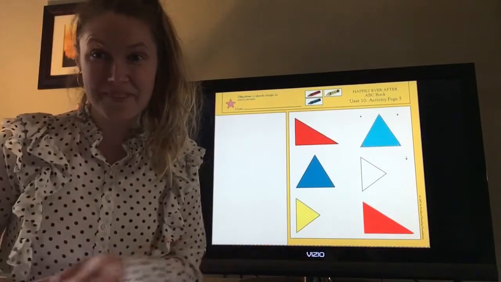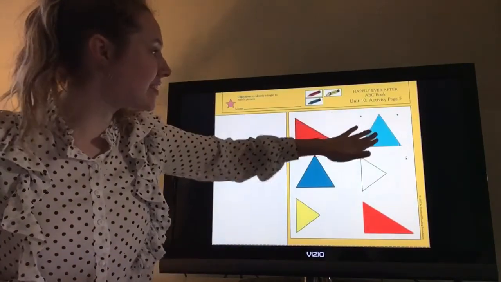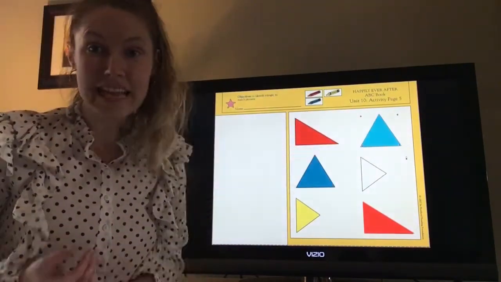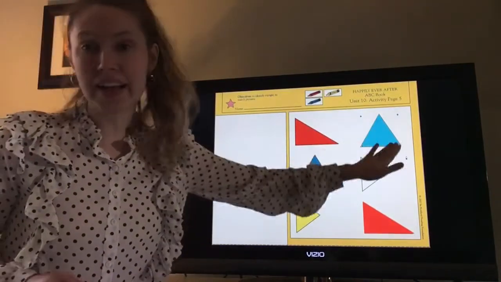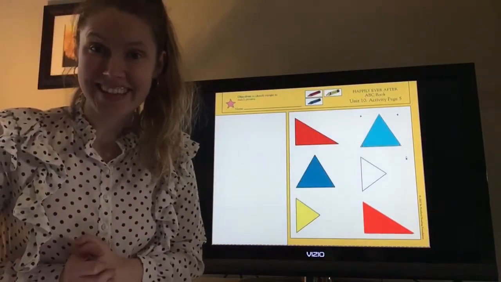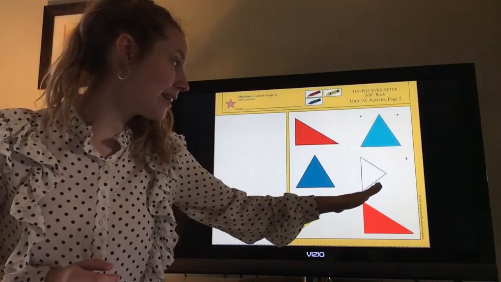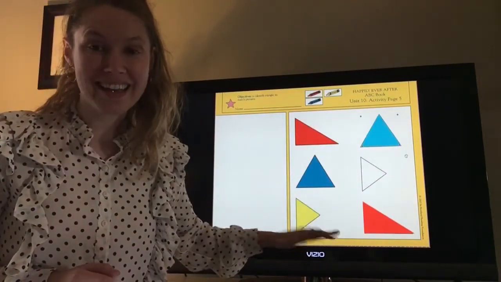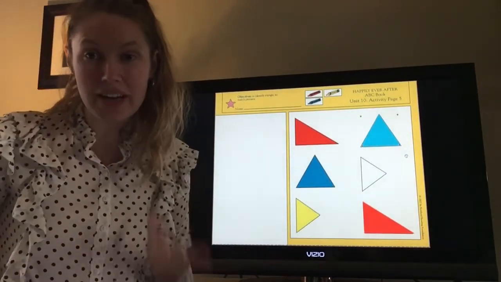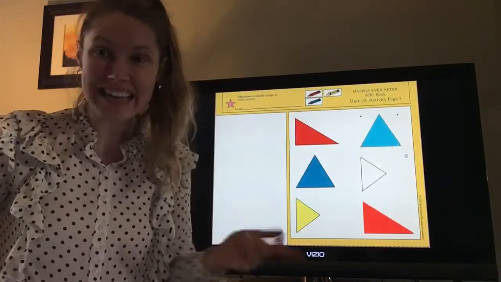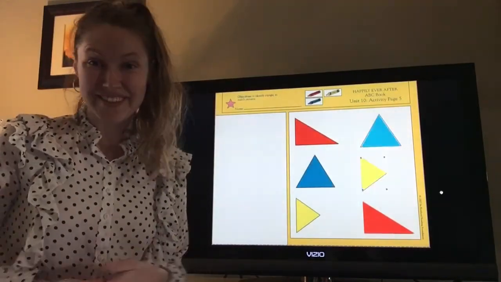Did you figure it out? The triangle on top also is the same shape as our blue triangle, so I colored it blue. Now our last triangle here matches the yellow triangle. So we're going to color that triangle yellow. So go ahead and do that now. Nice job, guys.